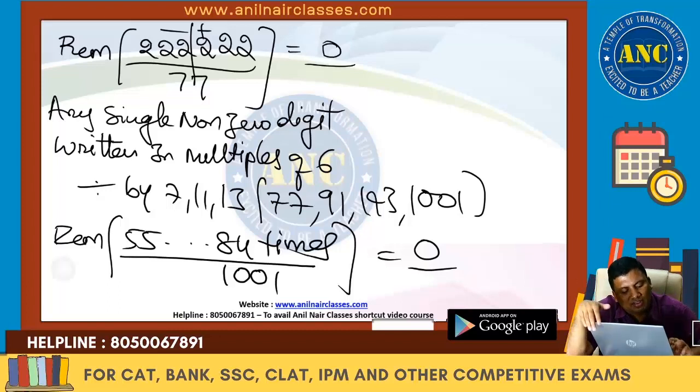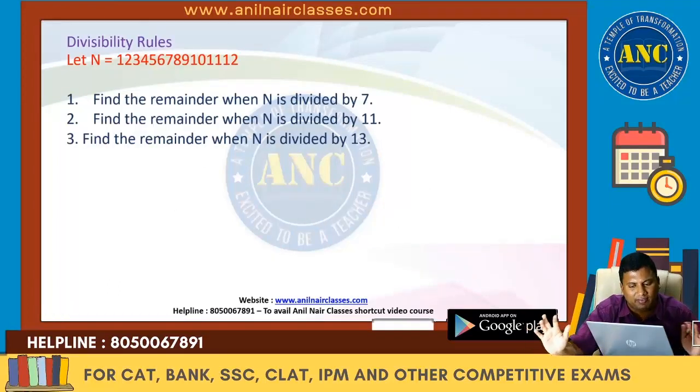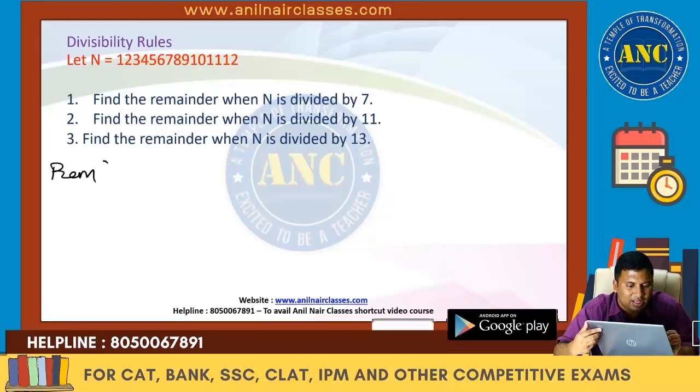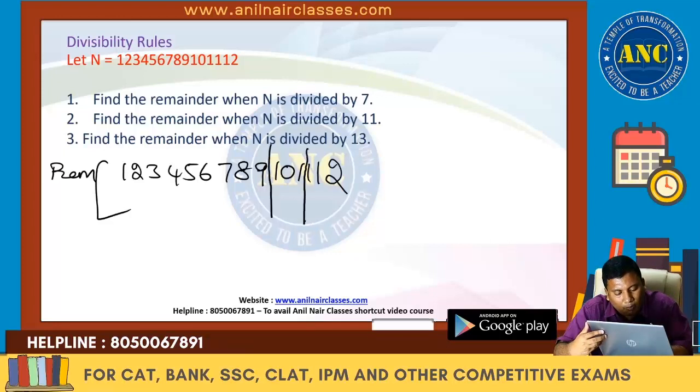Now we will solve some problems with these 3 understandings. Now all the problems will become very, very easy if you understand it. First question: find the remainder when n is divided by 7, 11, 13. 1, 2, 3, 4, 5, 6, 7, 8, 9, 10, 11, 12. Take a group of 3 digits, alternatively plus minus.